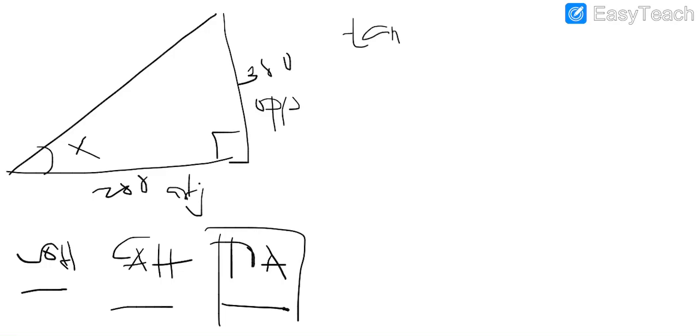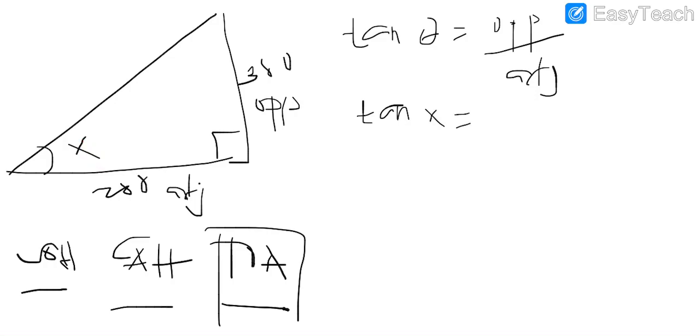The tangent theta is equal to the opposite side over the adjacent side. Now, theta here, or the degree, is unknown. So, let's label that as x is equal to the opposite side, that's 300, and then we have this adjacent side that is 200.